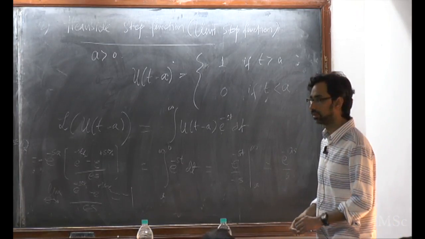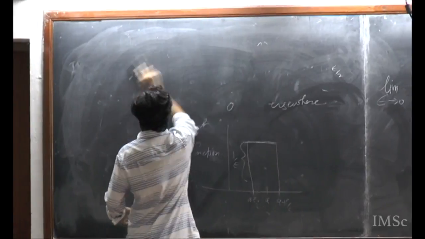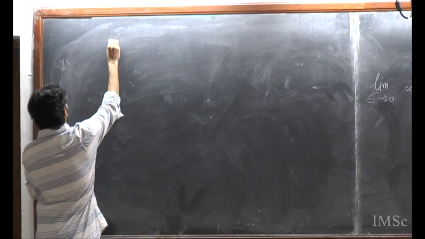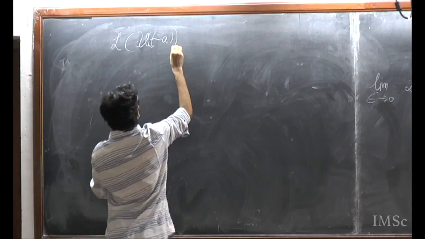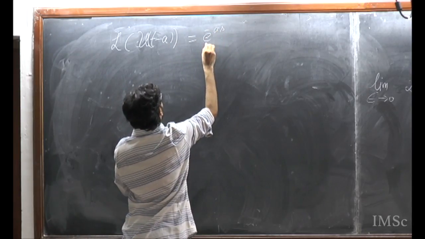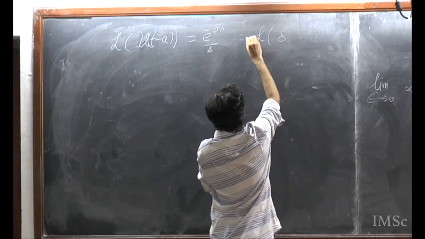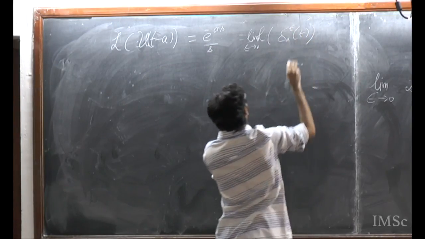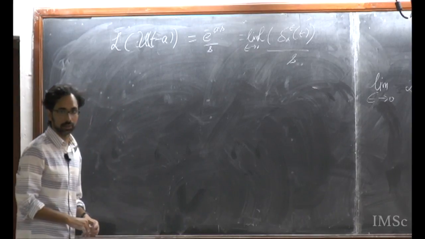Right? So we can write that the Laplace transform of the Heaviside function u(t minus a) is e to the minus as by s, which is the limit of the Laplace transforms of delta a epsilon t over s, right?